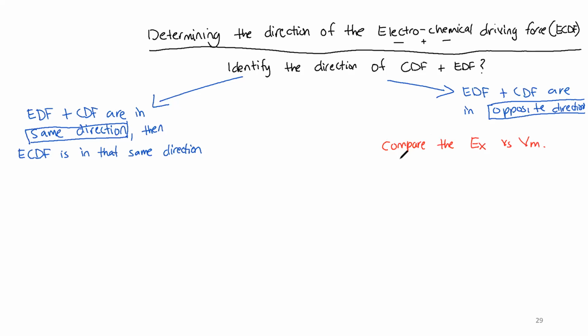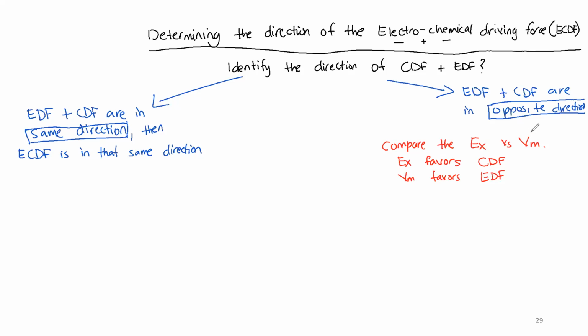Now, if the equilibrium potential is greater, that's going to favor the chemical driving force. If the membrane potential is greater, that's going to favor the electrical driving force, okay?